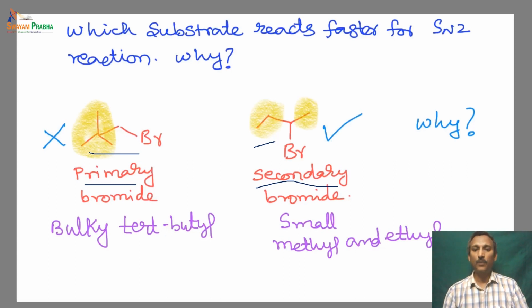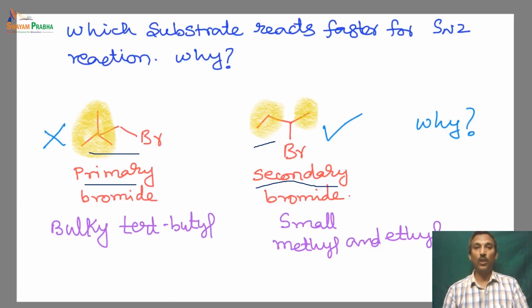But in this particular case, we have a different observation, because we cannot always consider that primary is the one which always reacts faster. So here the steric nature of the substrate plays a very important role in deciding which one will react faster.